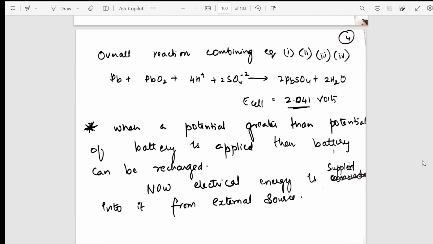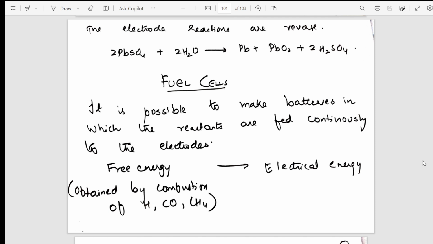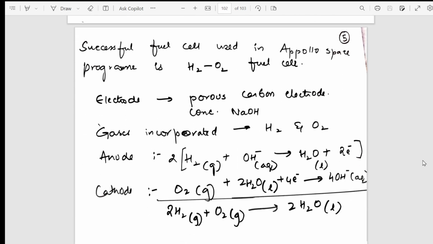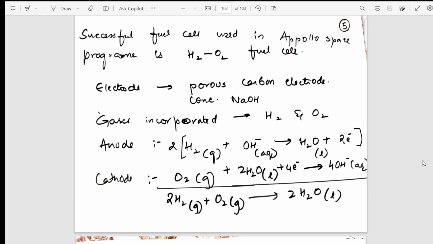Overall cell reaction, this is for your battery, your rechargeable battery using lead electrodes. From there, overall cell, I ended the chapter using fuel cells. In this fuel cells, what is the definition, what happens in fuel cell, where we are using the byproducts of water. Done, students. That's all.